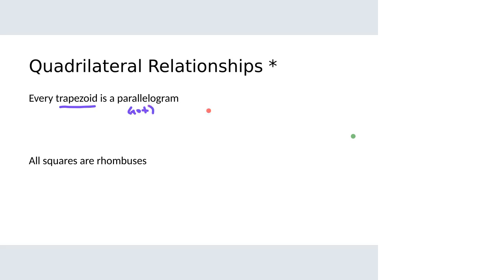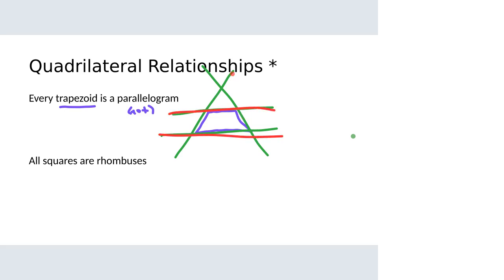And so if I do a trapezoid like this, then in that picture, I've got one pair of opposite sides parallel, but the other pair is not. So that does qualify as a trapezoid. Yes, it is a trapezoid. But is it a parallelogram? Well, to be a parallelogram, I need both pairs of opposite sides to be parallel. Top and bottom are, but left and right are not. So right here, that purple shape in there, that is a trapezoid that's not a parallelogram.